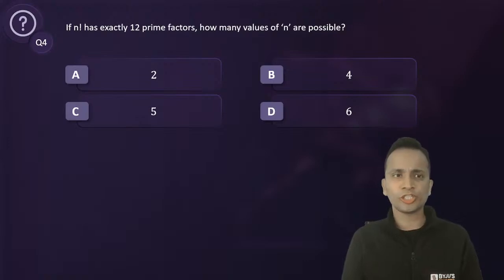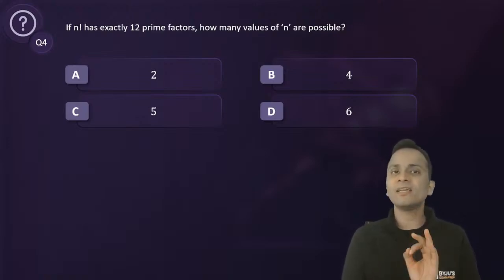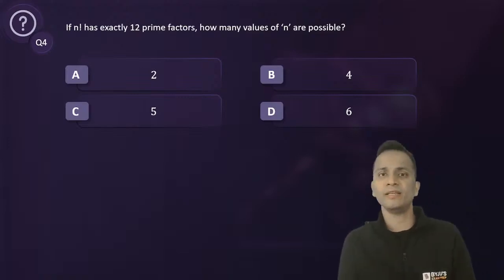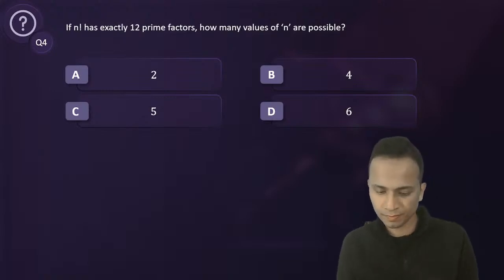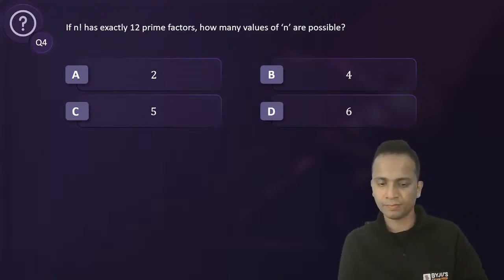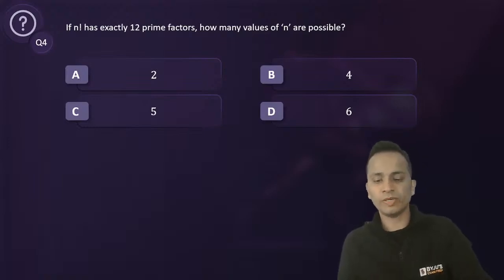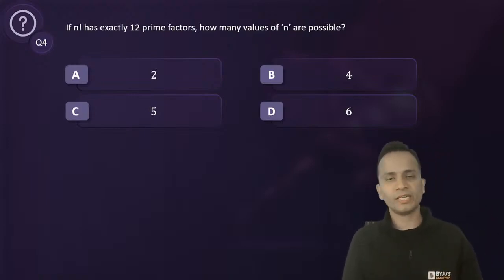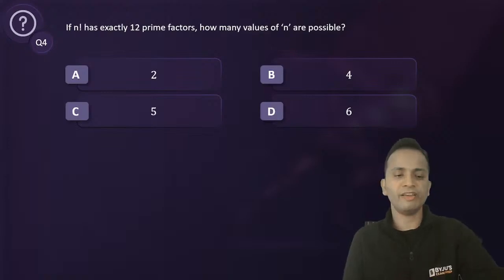A very common question of number systems. If n factorial has exactly 12 prime factors, then how many values of n are possible? Many people do not understand the language of this question. The language is very simple. Once you understand what I tell you, you will be able to solve every question of this type.